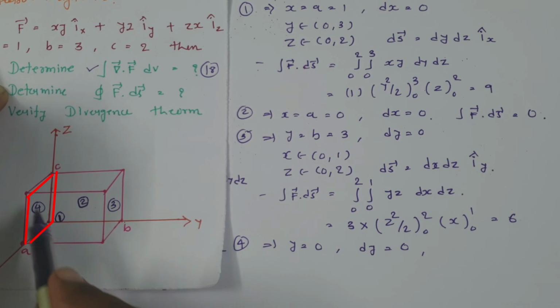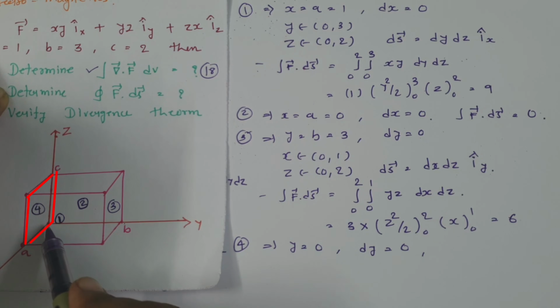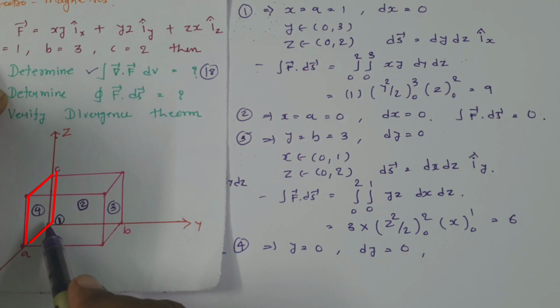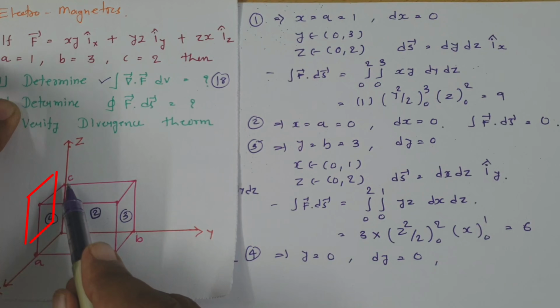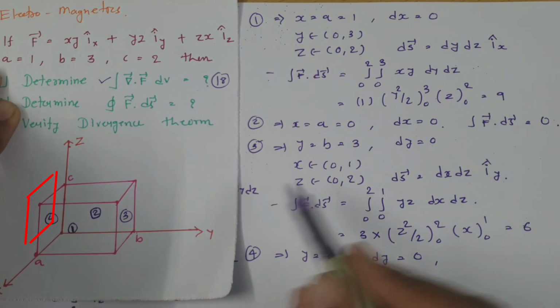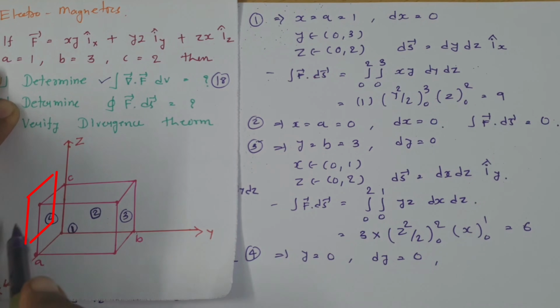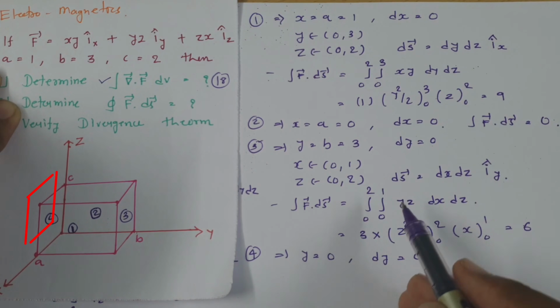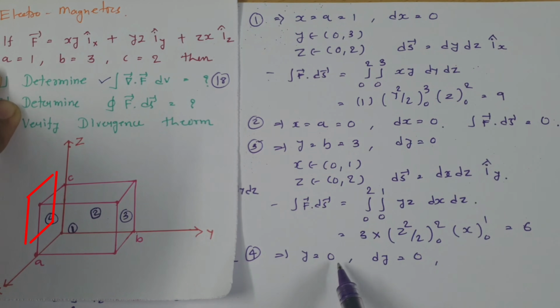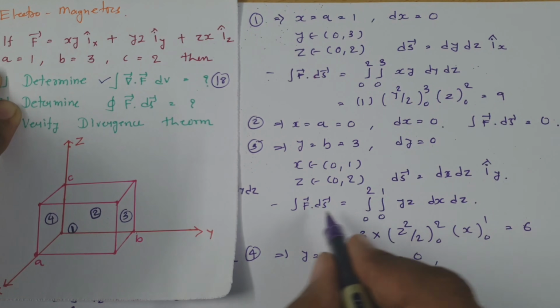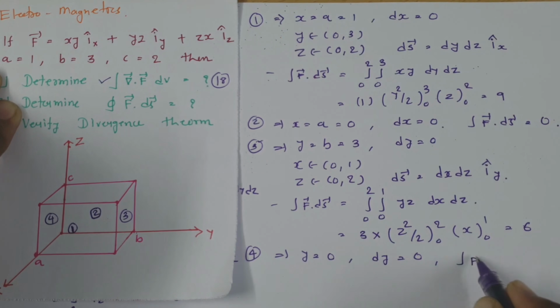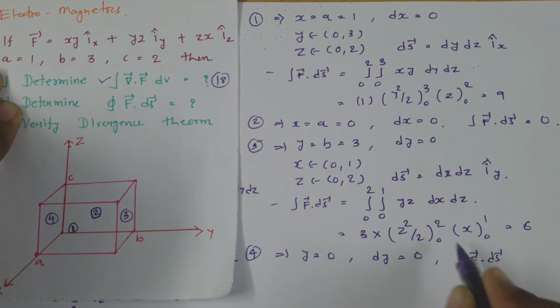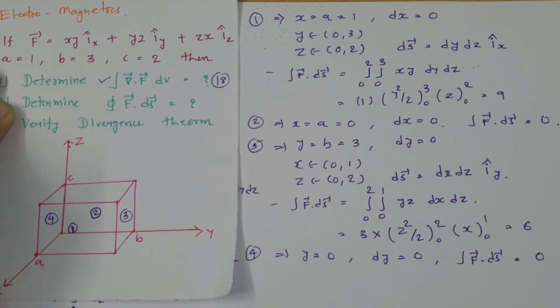Now again over here x is varying from 0 to 1 and z is varying from 0 to c, that is 0 to 2, but if you see the direction, that is there in the iy direction. So the iy direction is having this component yz, where y is 0. So if you place y is 0 in this, then you'll find this F dot dS, where y is 0. So this will get to 0.